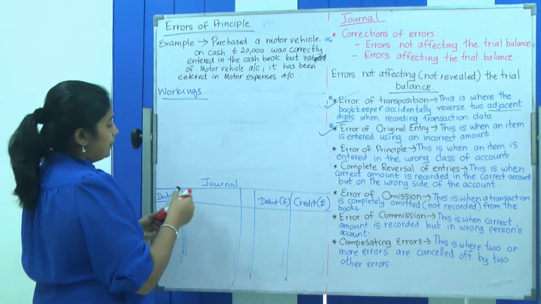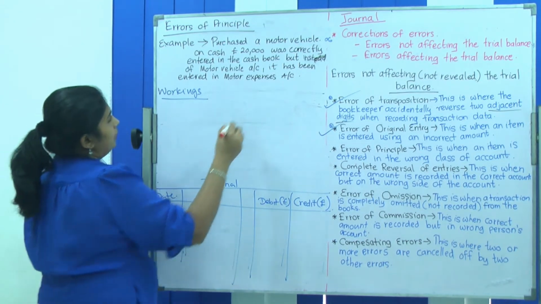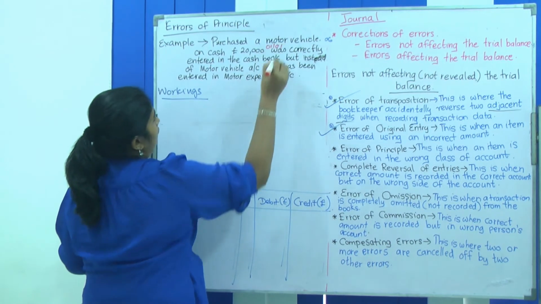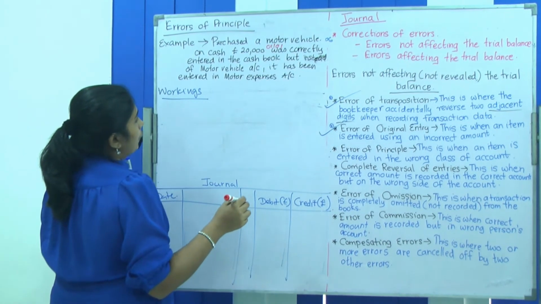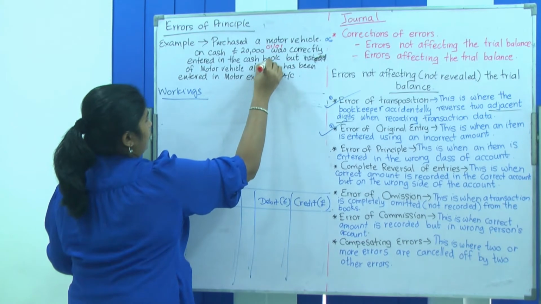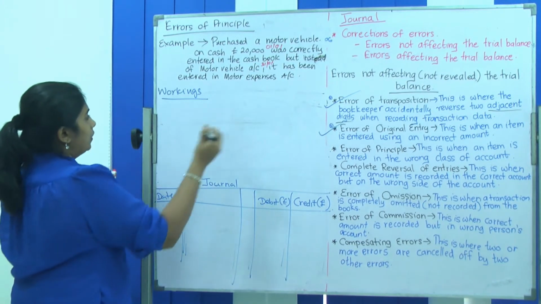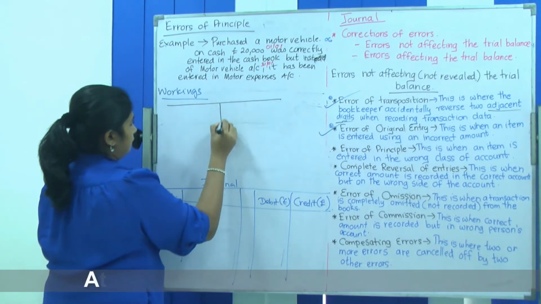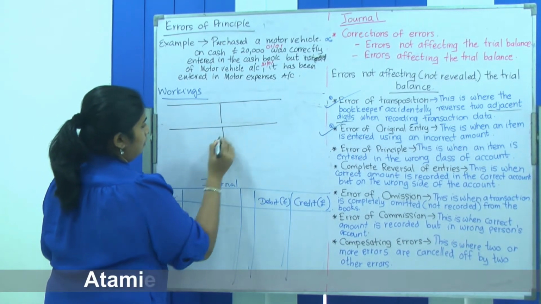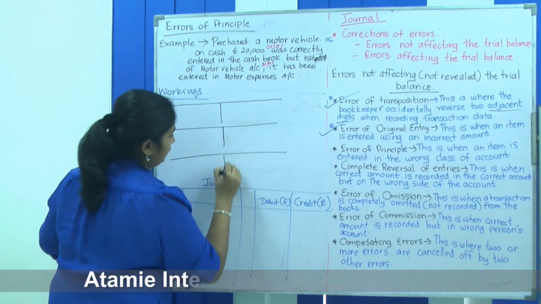Okay, so we purchased the motor vehicle on 1st of January, but we found the error on 31st of January. Okay, so I'll show you. Now when you purchased, it affects T accounts.